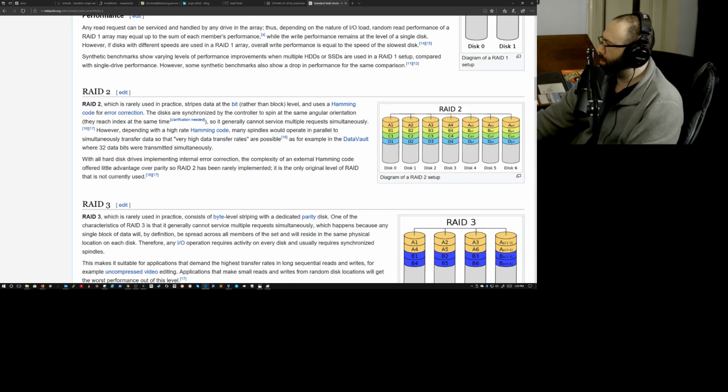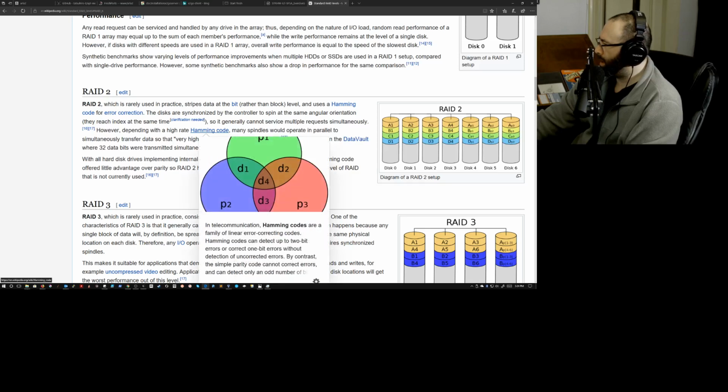This is using the controller to spin the disks to the same rotation. It basically keeps them all in sync. It's an interesting idea. It's using something called a Hamming code, which is an error correcting code kind of thing.